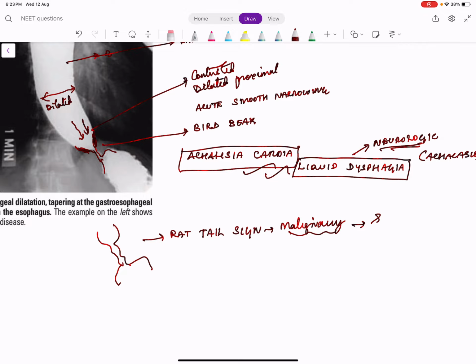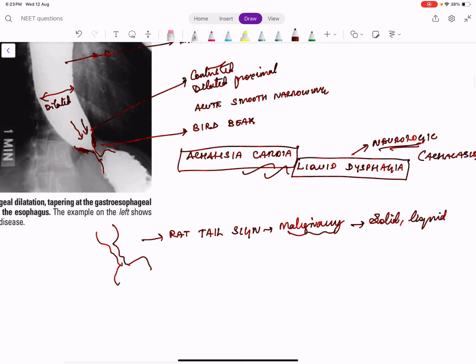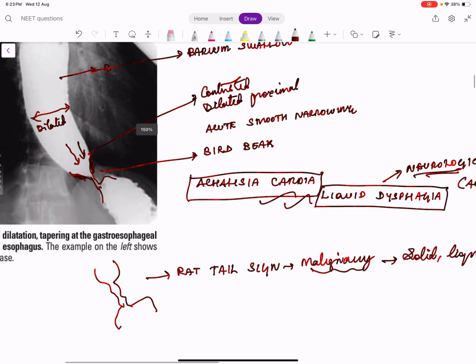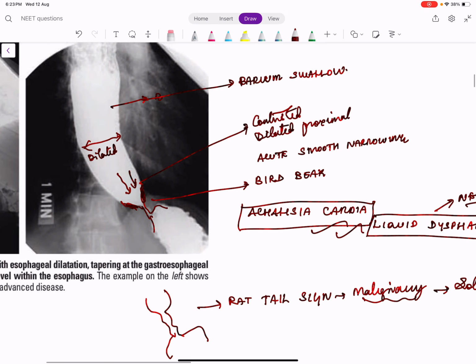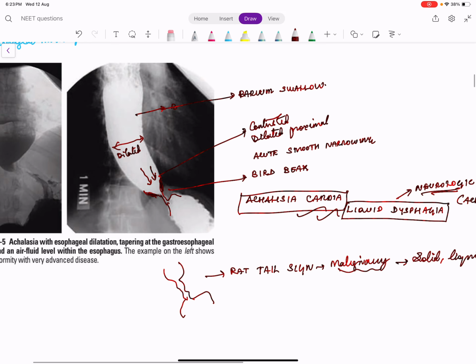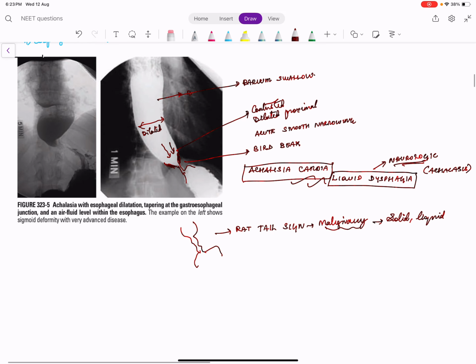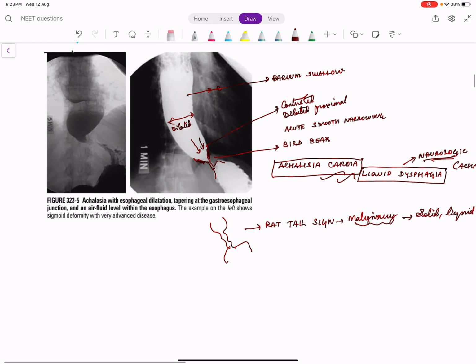There will be difficulty in both solids and liquids. So both solid and liquid dysphagia in an elderly person with high-risk features like anemia, weight loss, fever, plus rat tail sign, think of malignancy. A relatively young person with liquid dysphagia, same picture with a smooth OG junction with bird beak sign, we call it achalasia cardia.